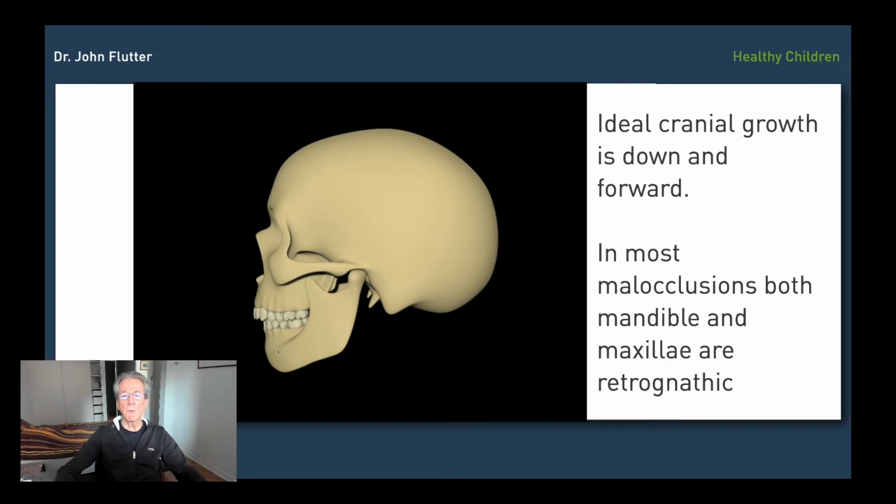If we get more downward and backward growth, if the tongue is not supporting the upper arch forward, if the lower lip is trapped behind the upper incisors, and in the swallowing pattern the lower lip is sucked back up behind the upper incisors, then you'll end up with an increased overjet, the size of the overjet reflecting the volume of the lower lip that's trapped behind the upper incisors.